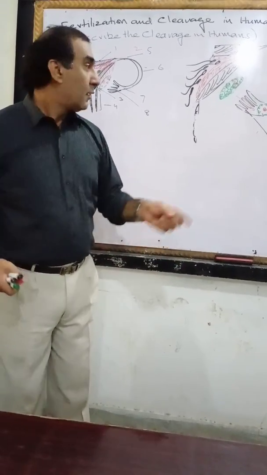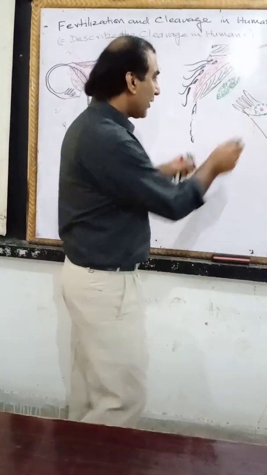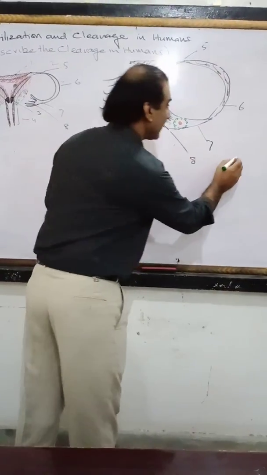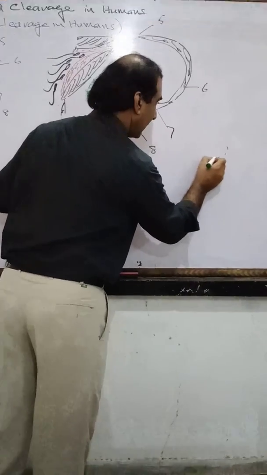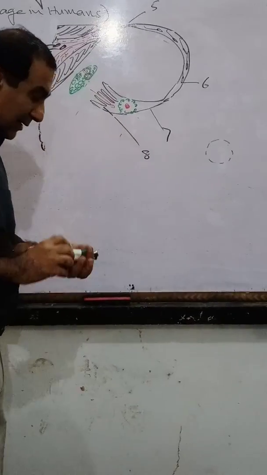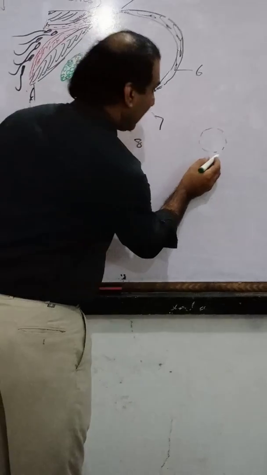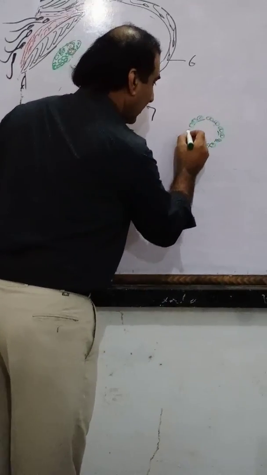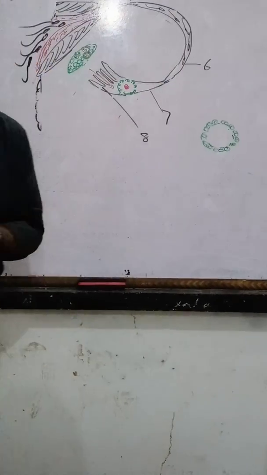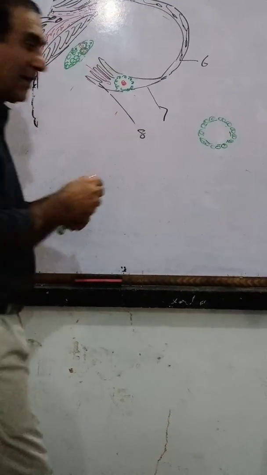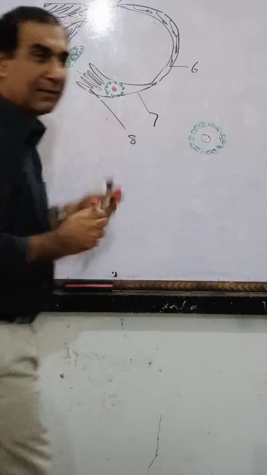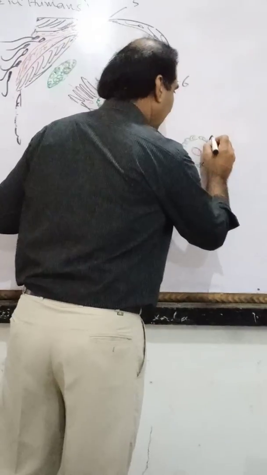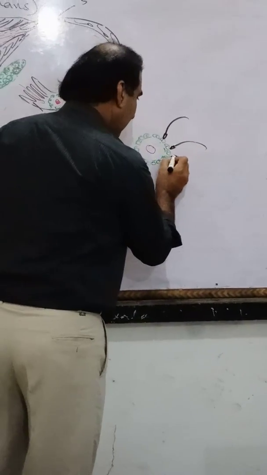The structure which is found to see is like this. Suppose this is the corona radiata, the cells which are surrounding the bride. Okay, the bride is what? The secondary oocyte. And the sperms which are candidates are like this.